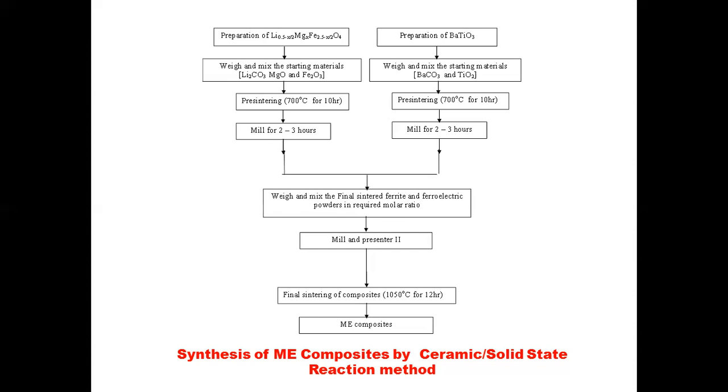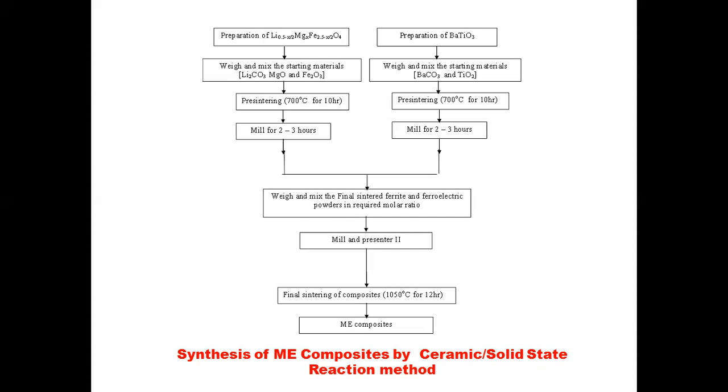pre-sintering will be done generally in the temperature range of 600 to 700 degrees centigrade. This temperature is used for pre-sintering because during pre-sintering, the crystallization process just starts, and whatever carbon and similar things are there, they get evaporated at this temperature in the form of gas.